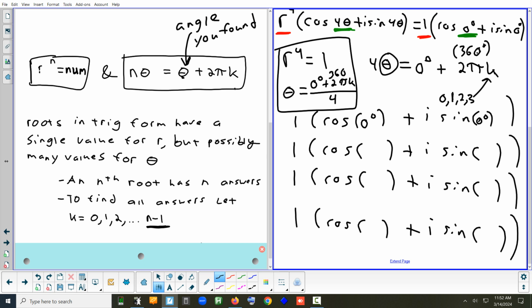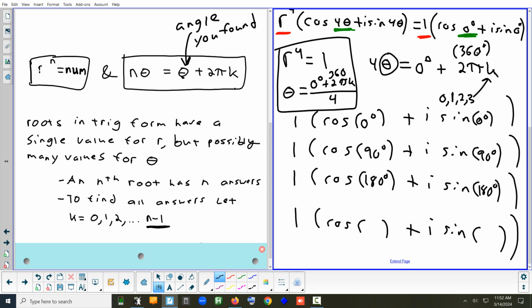Plus 0, 360, and then divide by 4. 90. Now plug in 2. What's 360 times 2? 720. 720 plus 0? 720. And then 720 divided by 4. 180. Yep.